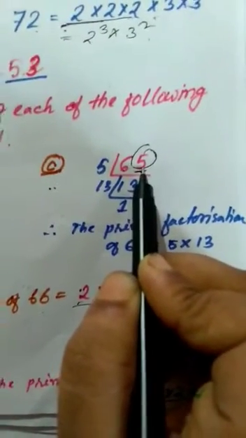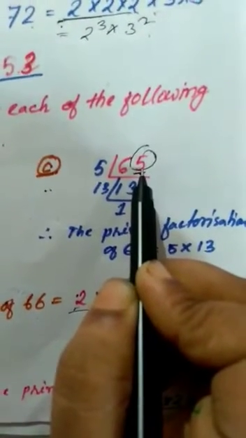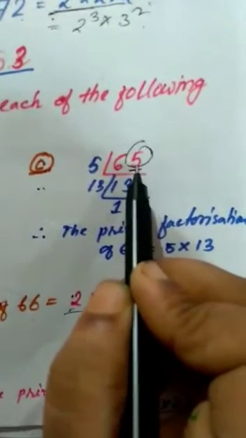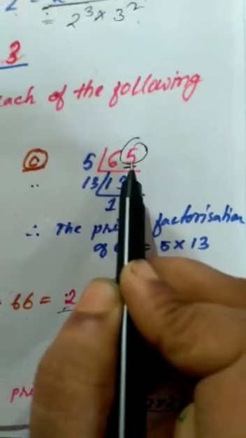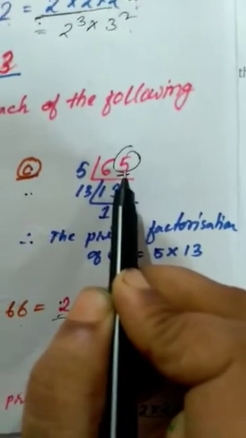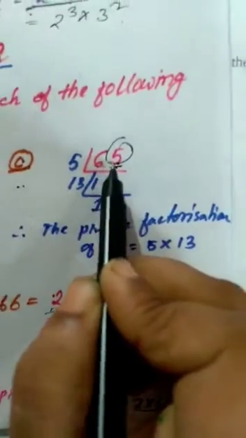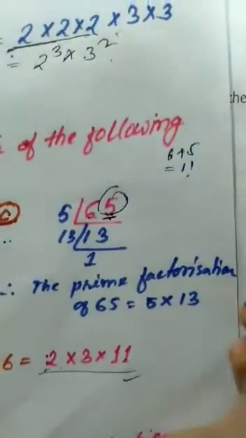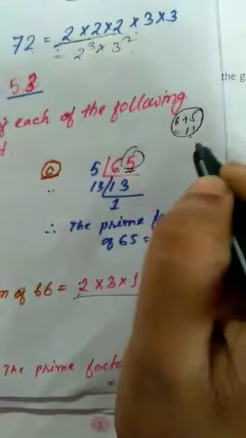Alright, and how will we check whether it is divisible by 3 or not, as after 2 the prime number coming is 3? As we know, a number is divisible by 3 if the sum of its digits is divisible by 3. If we check the sum 6 plus 5, you will get 11. But 11 is not divisible by 3.